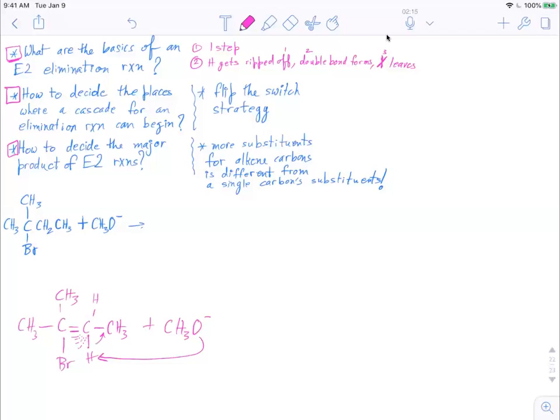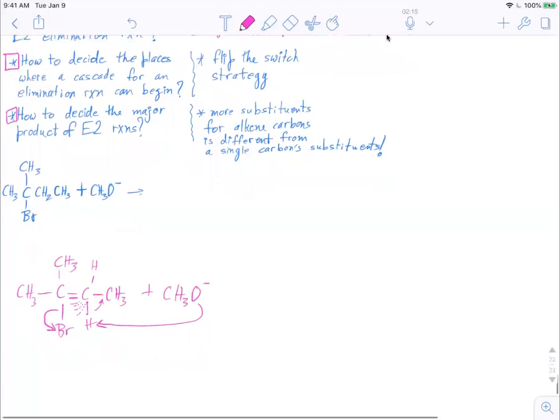And well, carbon can have only 4 bonds, and we have to get rid of one. And bromine is a good leaving group, so it packs up its bags, takes some electrons with it, and goes away. And this is all in one step. You can call them parallel steps, or steps in concert, or you can just call that a concerted reaction.